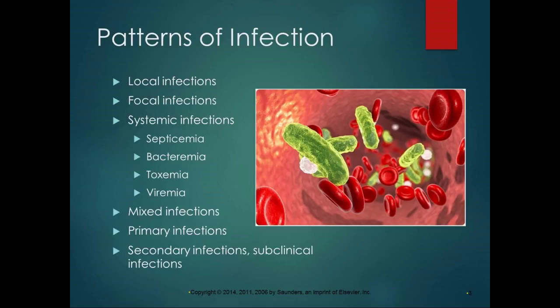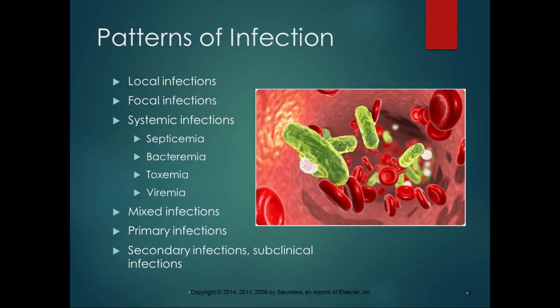Once you start to spread through the bloodstream, through the circulatory system, it can develop into septicemia, bacteremia, toxemia, or viremia. Anything with emia on it means blood. Septicemia is multiplication of pathogenic organisms in the blood, and the cause of sepsis, which is a toxic inflammatory condition caused by the spread of microbes in the bloodstream. Septicemia can kill you.